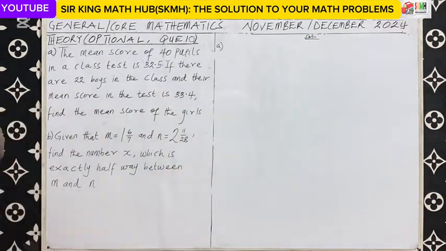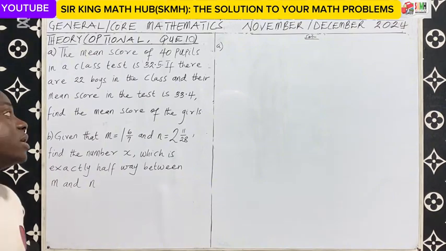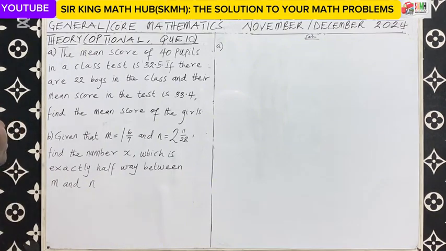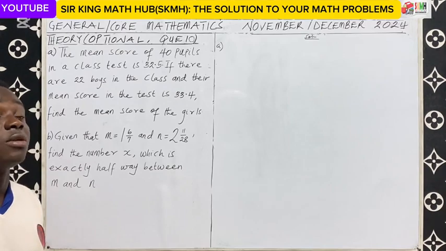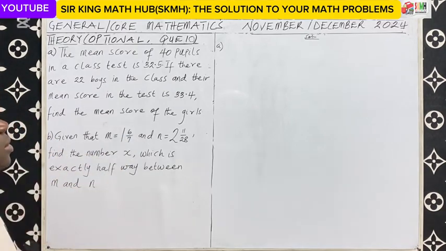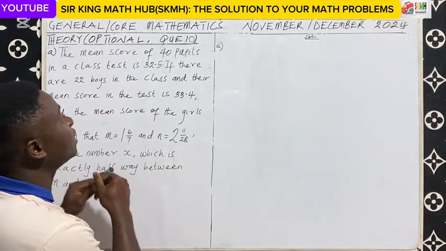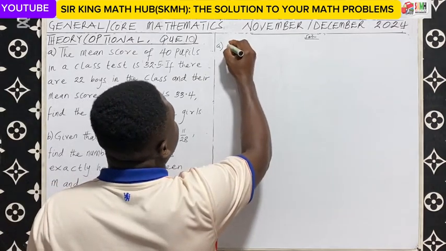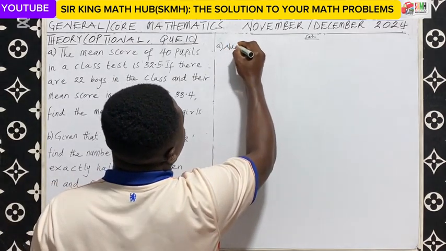I read, the mean score of 40 pupils in the class test is 32.5. If there are 22 boys in the class and their mean score in the test is 33.4, we have to find the mean score of the girls. So let's quickly write down some information in the question.